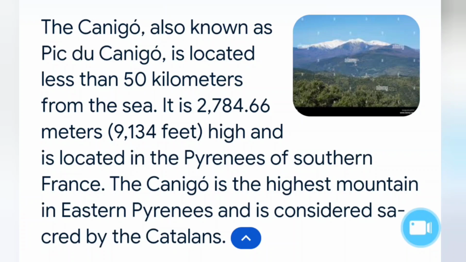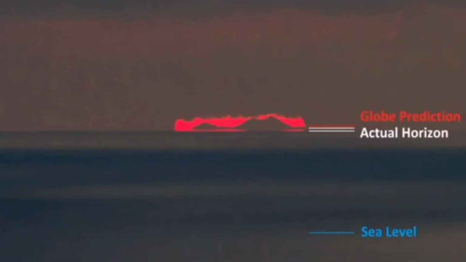Now let's look at this picture again and see what we got for distance. So according to Roohif, we know that this line here on the left to this line here on the right represents approximately 0.53 degrees, which according to his math is about 2.7 kilometers. Okay, but what we also know, we just looked up, is that from Canigou to the ocean is less than 50 kilometers.